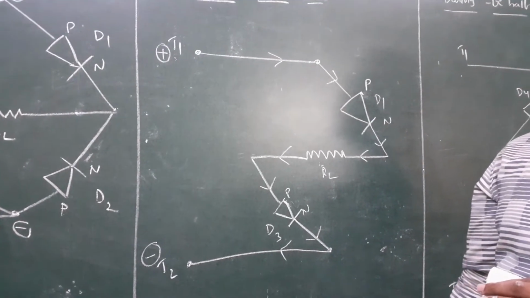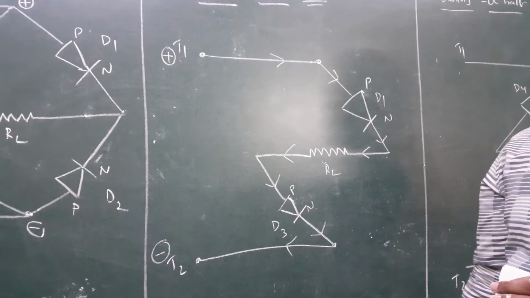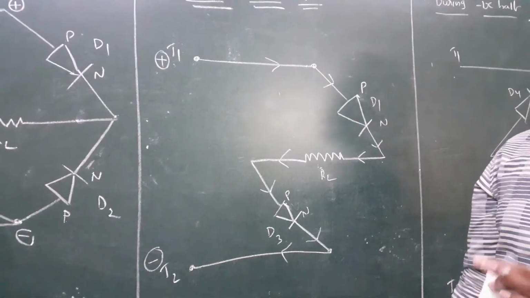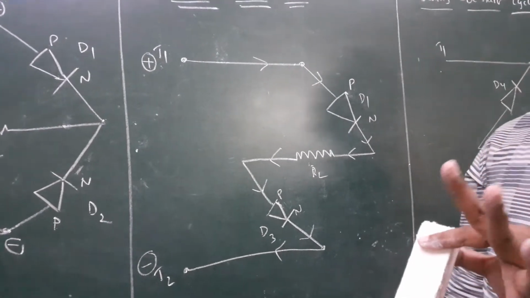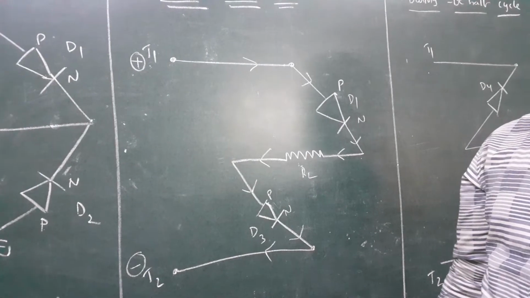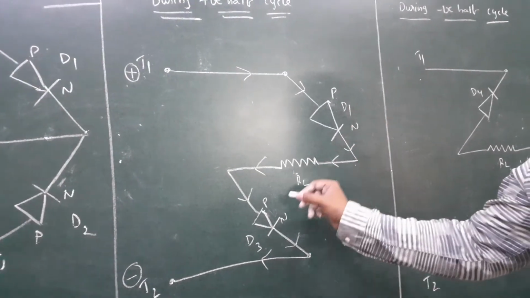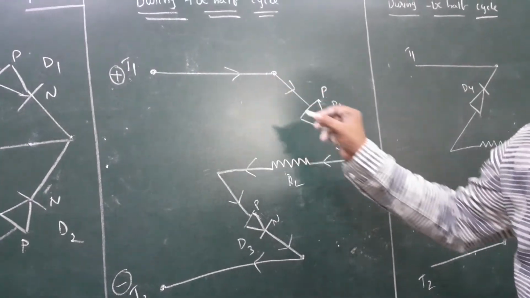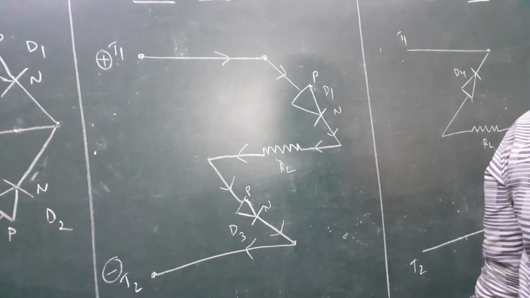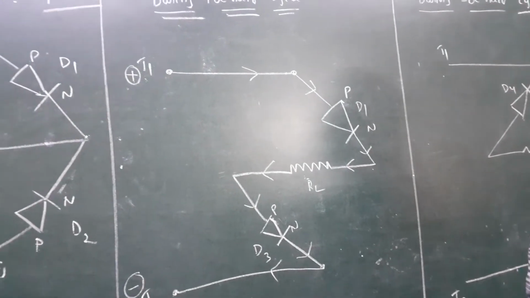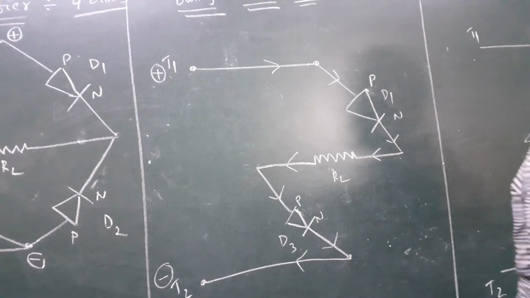That means during the positive half cycle, of the 4 diodes, 2 diodes are working and 2 diodes are not working. D1 and D3 are working, D2 and D4 are not working. Why are D2 and D4 not working? Because those 2 diodes are reverse bias.